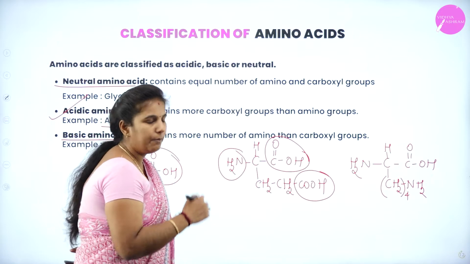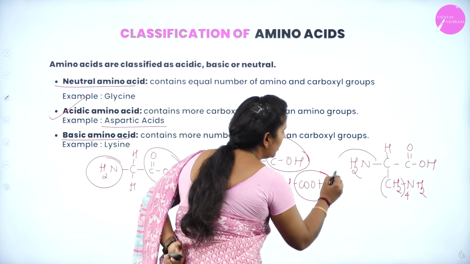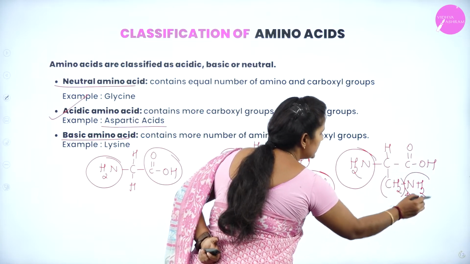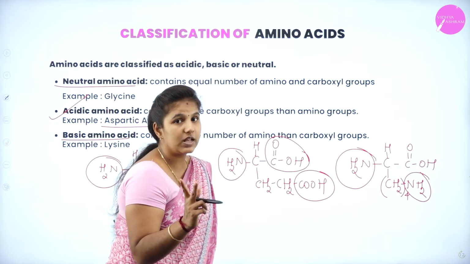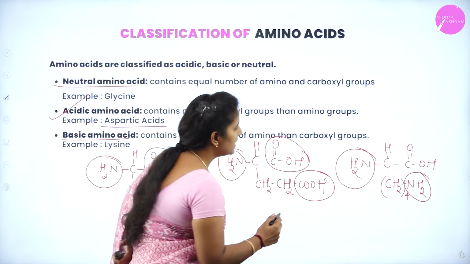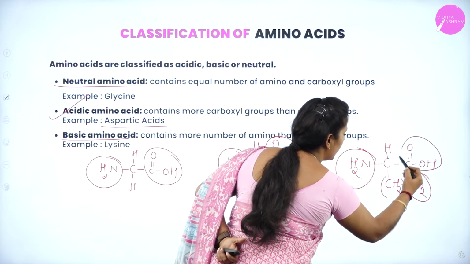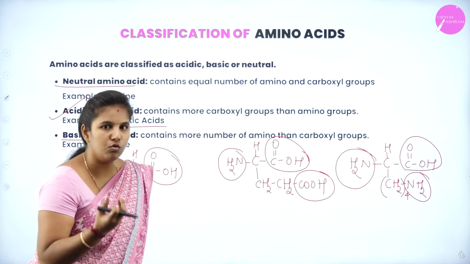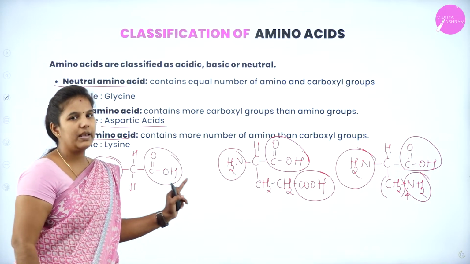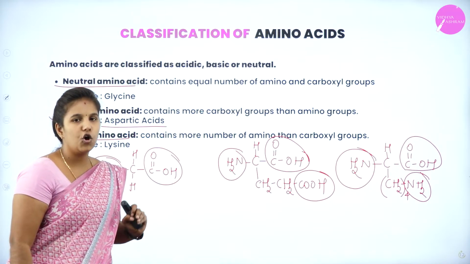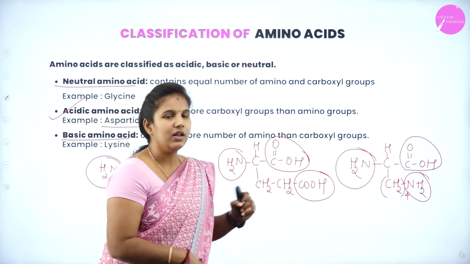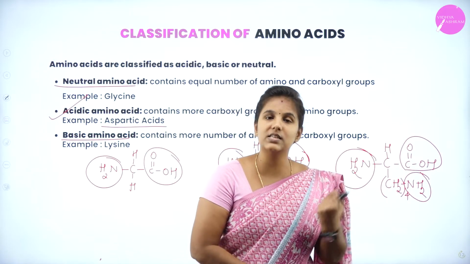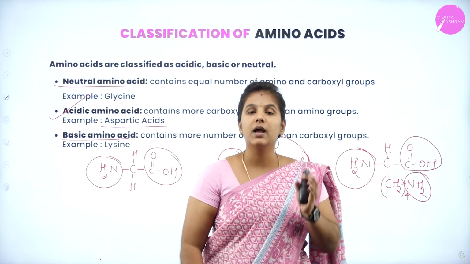In this example, you can see there are 2 basic groups, whereas there is only 1 acidic group. Since the basic groups are more, it is named a basic amino acid. I hope you all understood this example, where I have classified amino acids into 3 types based upon the chemical nature.